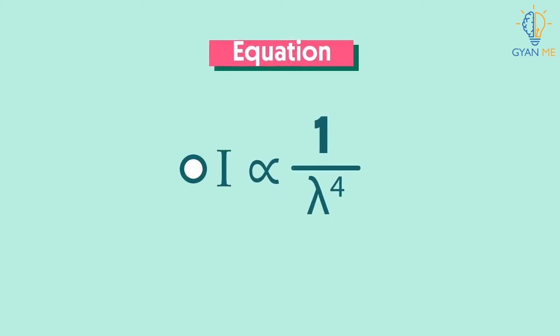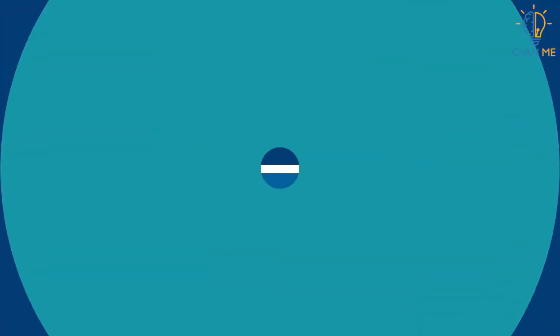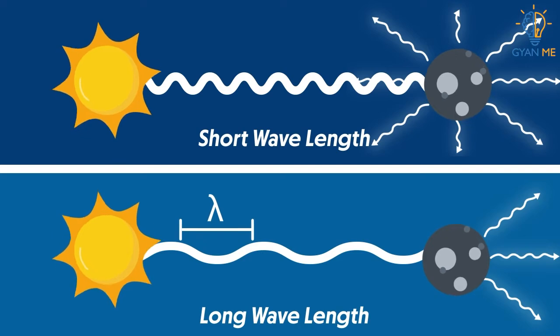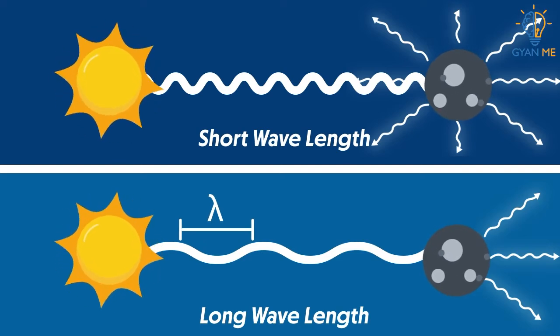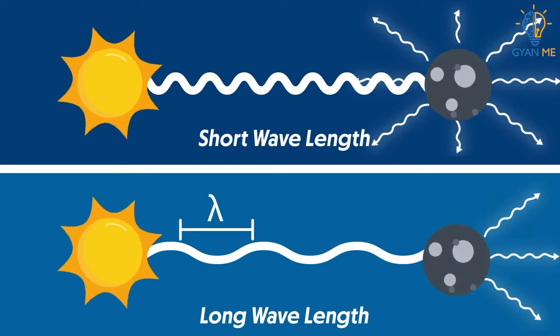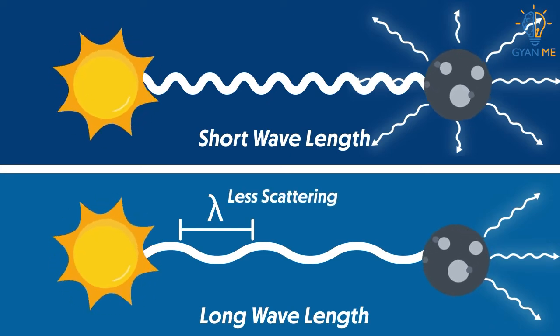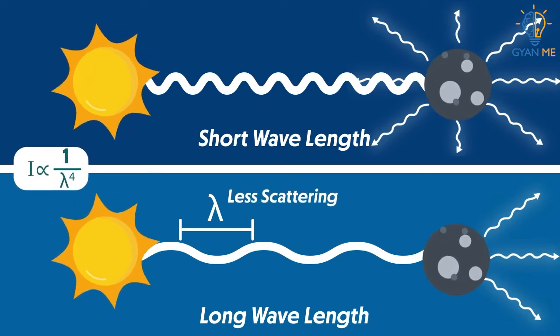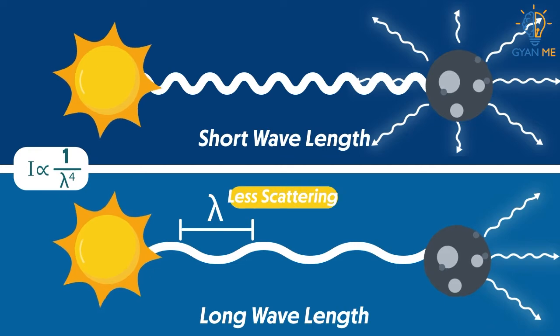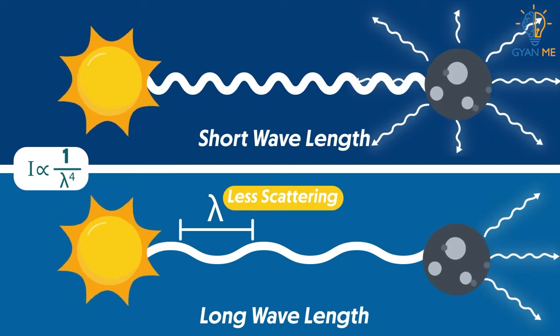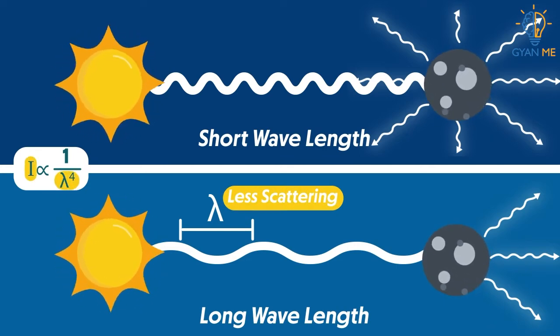I, which is the intensity of the scattering, is equal to 1 upon lambda raised to 4. Here lambda is the wavelength of light. Here I is the scattering factor, which indicates the amount of scattering of the wave. Thus, with increasing wavelength, scattering becomes less, since they are inversely proportional here.